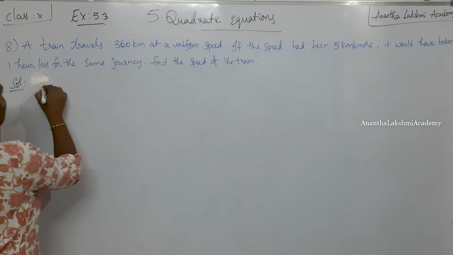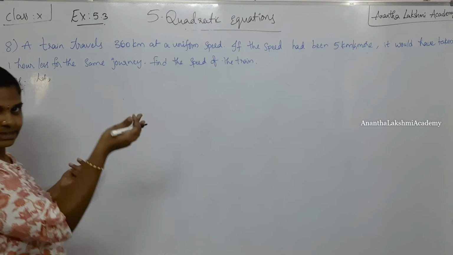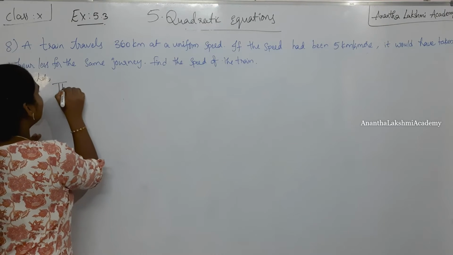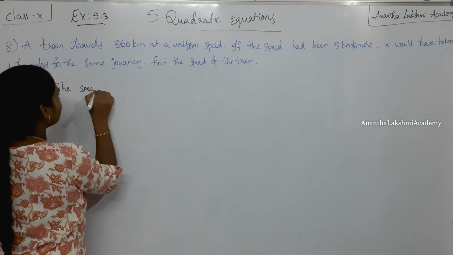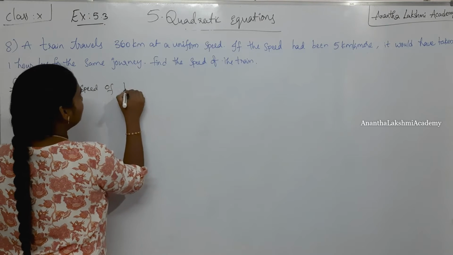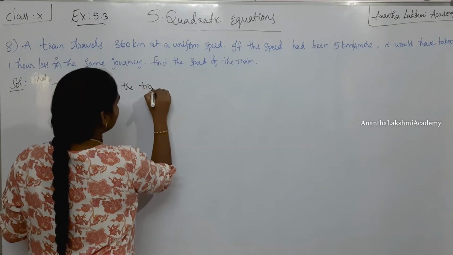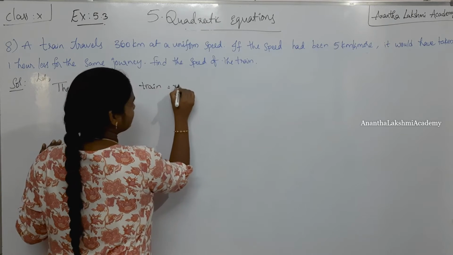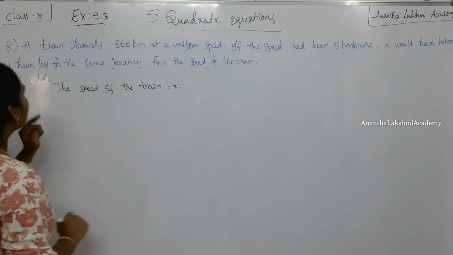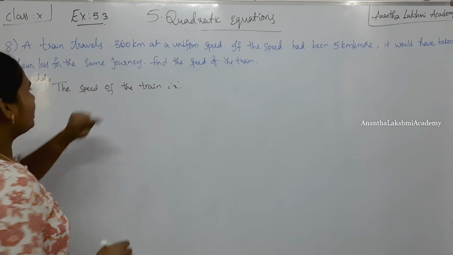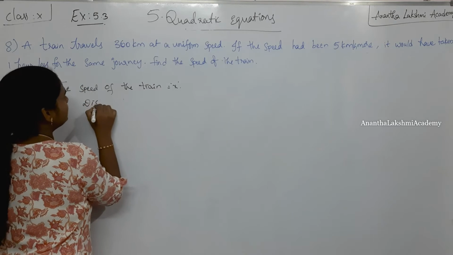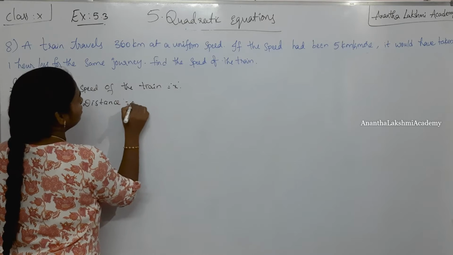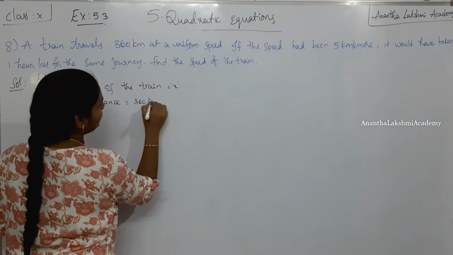Find the speed of the train. What are we to figure out? The speed of the train. So let us assume the speed of the train is equal to x. Okay, now what happens? Total distance is equal to 360 kilometers.